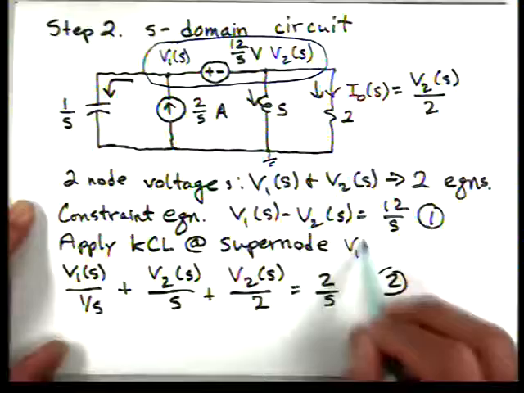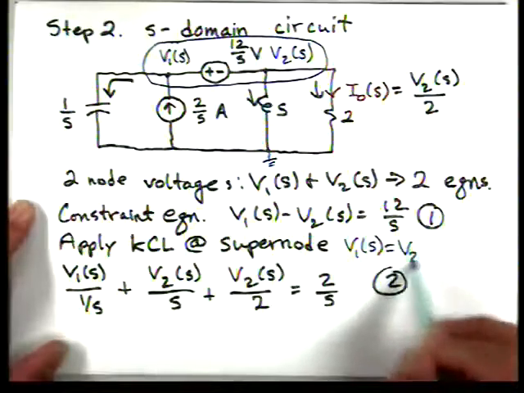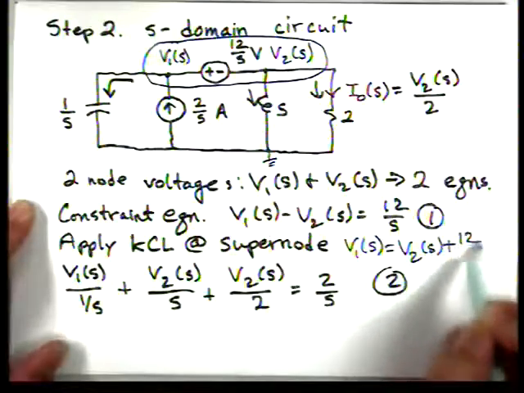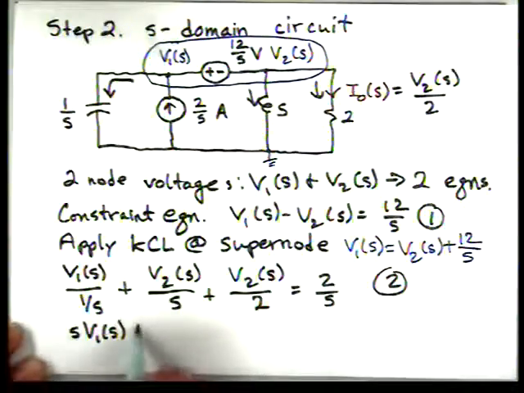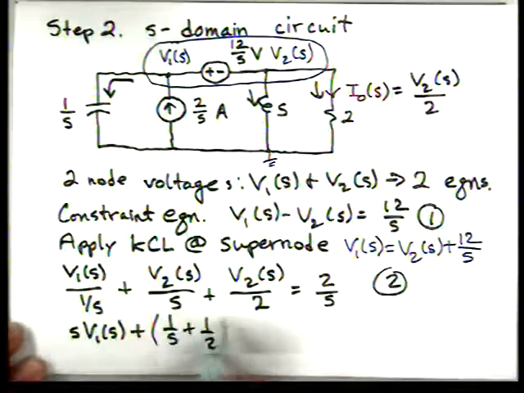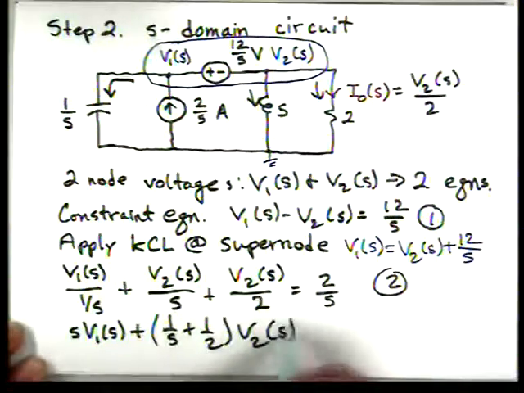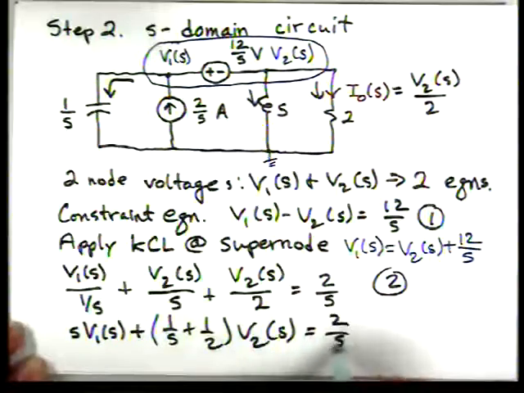So we have V1 of S is going to be V2 of S plus 12 over S. And we're going to get ready to substitute that into this equation. So let's start our work. Here we'll have this first term S times V1 of S. And then if we collect up these terms, we'll have 1 over S plus 1/2 times V2 of S equal to 2 over S.